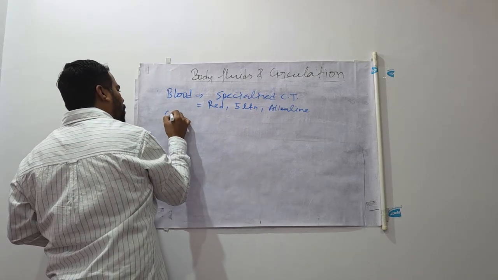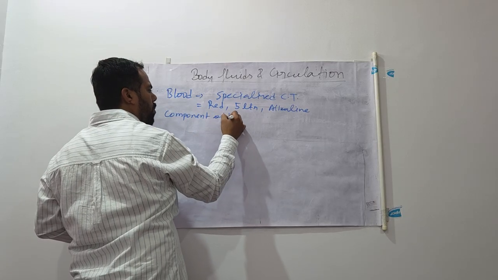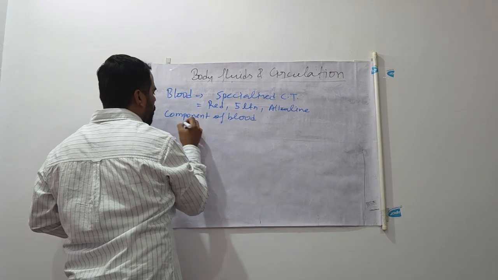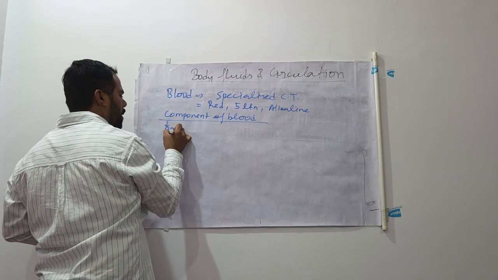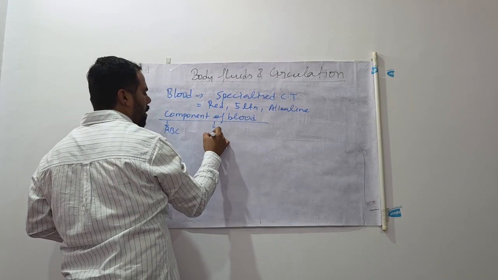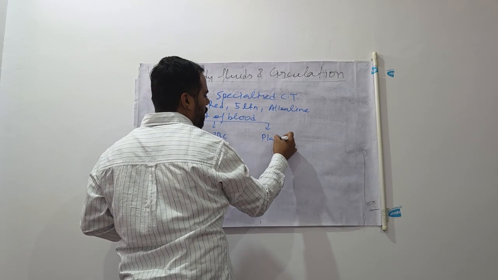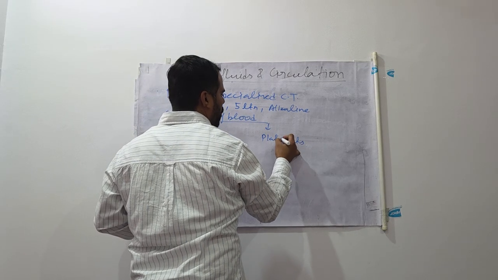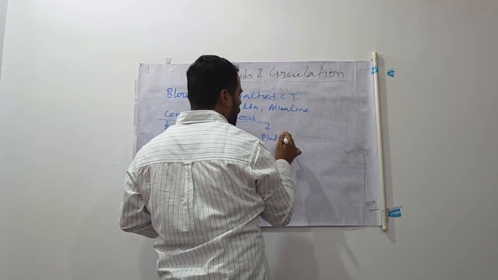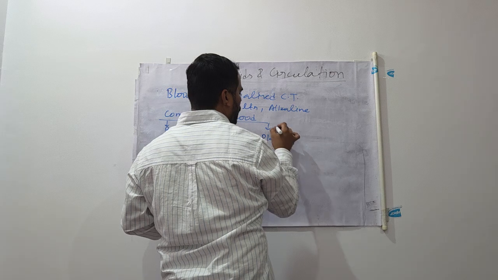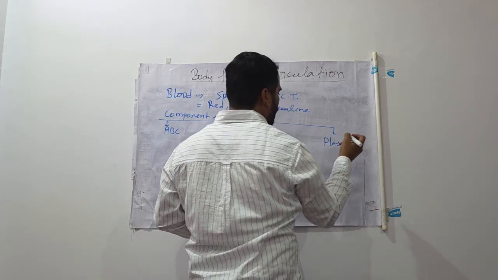Then the components of blood. ब्लड के कितने कंपोनेंट होते हैं? ब्लड के 3 कंपोनेंट होते हैं: आरबीसी, डब्ल्यूबीसी, प्लेटलेट्स, एंड वन मोर, दैट इज द प्लाज्मा.